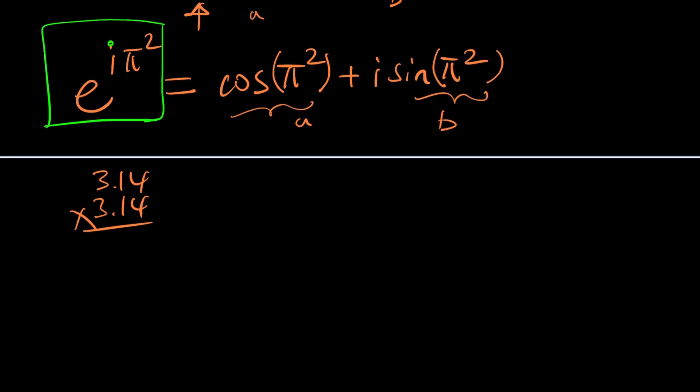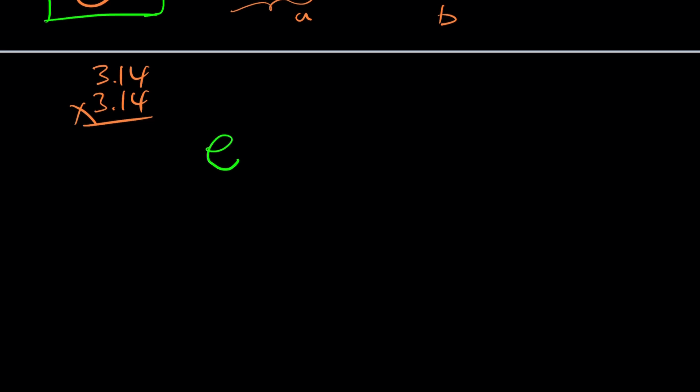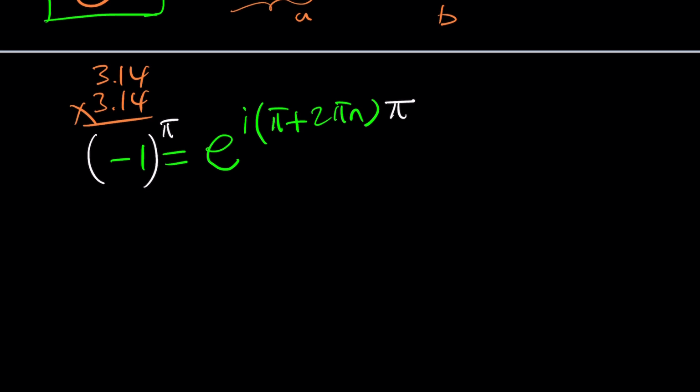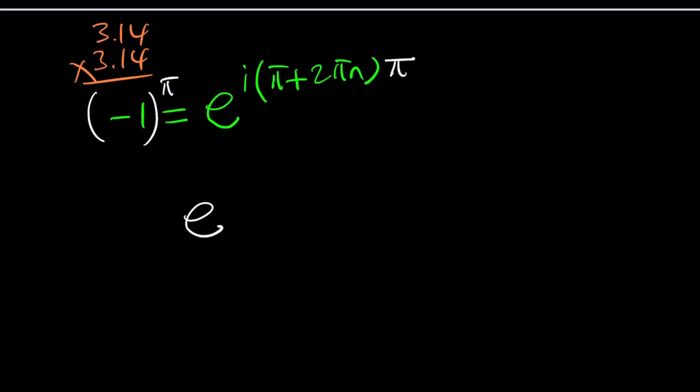Now let's go ahead and quickly talk about what happens if you use a more general form like e to the power I times pi plus 2 pi n. If you use this to replace negative 1, and when you raise both sides to the power pi, of course you're going to have another pi here. That's going to give you e to the power I pi squared plus, and then you're just going to multiply this by I pi, 2 pi n, and I pi.